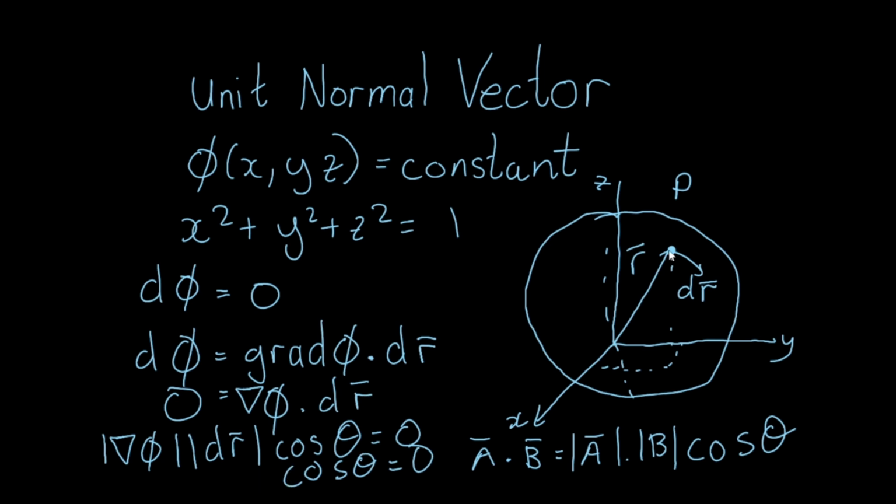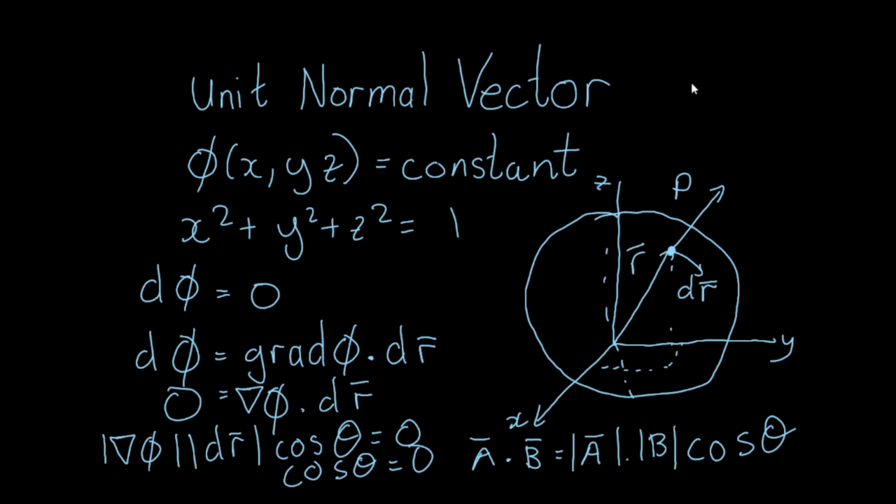So what we're saying is that this gradient vector is 90 degrees to this vector that has undergone a differential change. So at a point on the sphere, the gradient vector is pointing normal to the surface. So this is a normal vector.